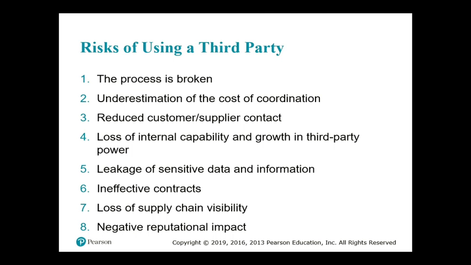Right? And then this could often lead to very negative reputational effects. So for example, Apple outsourced their production to Foxconn, who had a lot of labor abuse issues, and Apple, because of that, had a lot of negative reputational effects.